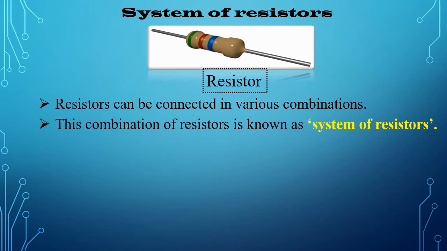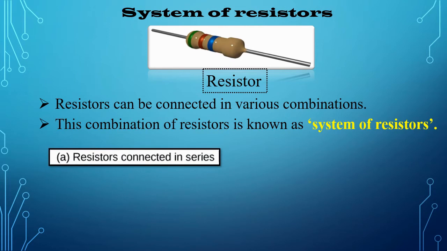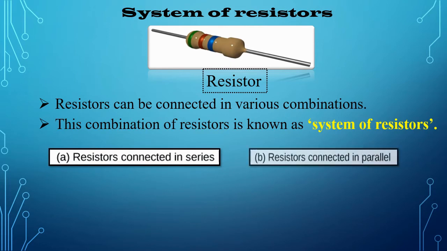This combination of resistors is known as a system of resistors. Resistors can be arranged in various ways. The two basic methods of joining resistors together are resistors connected in series and resistors connected in parallel.